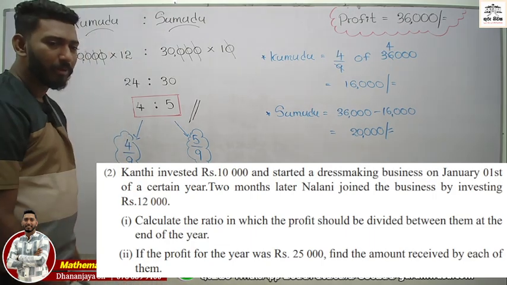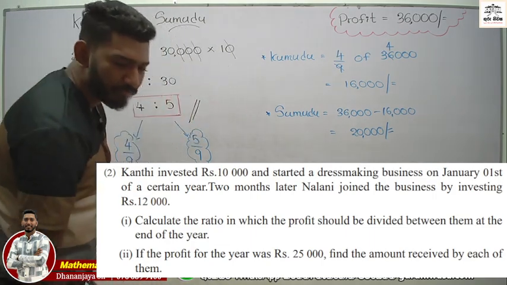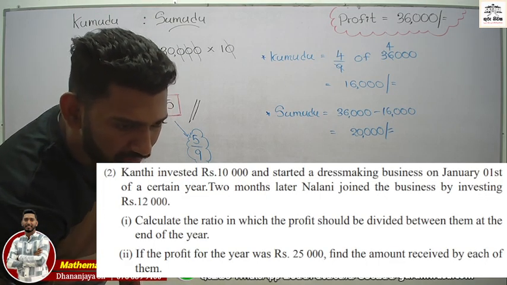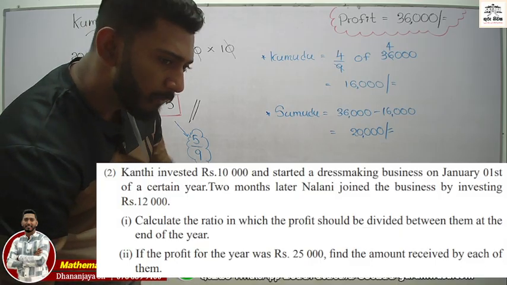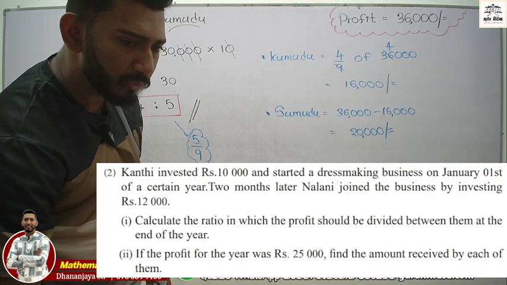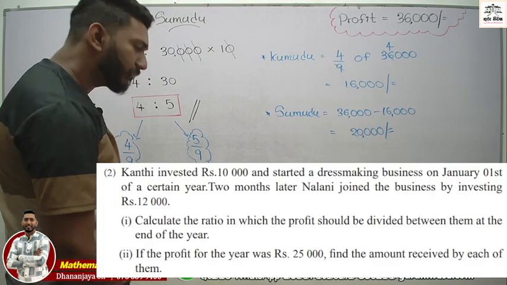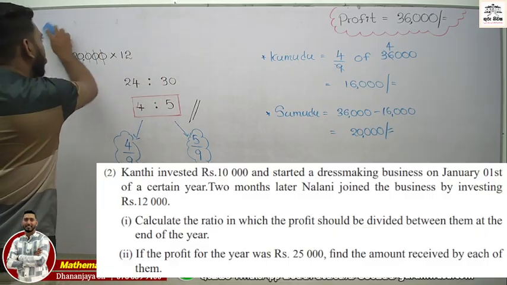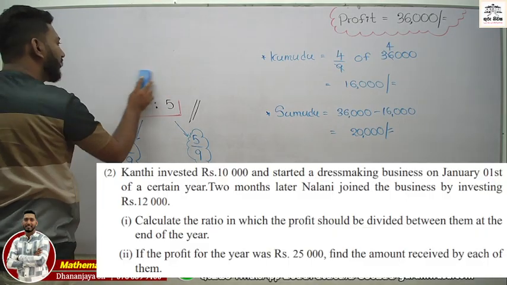Okay. Let's see. Try one on your own. Here is an exercise question for you. Therefore we need to mention the exercise number also. Right? Exercise 16.2, question number 2. Write the exercise number.